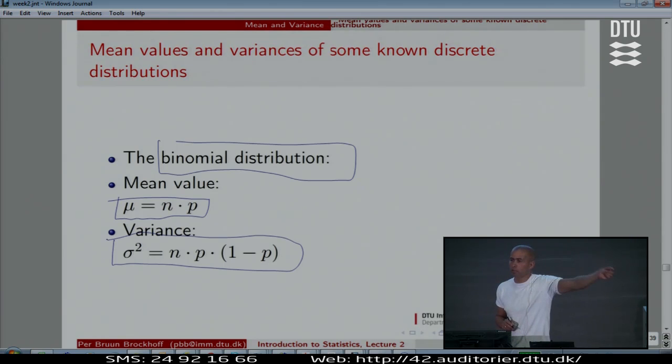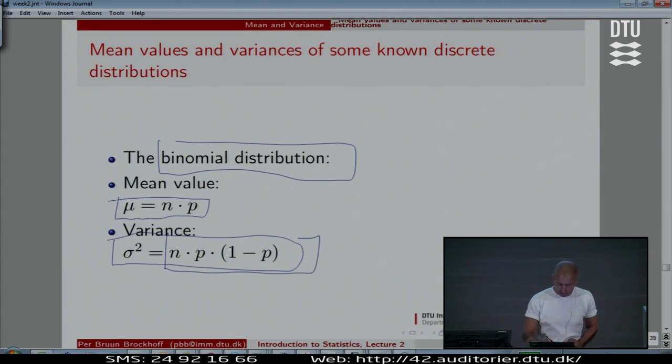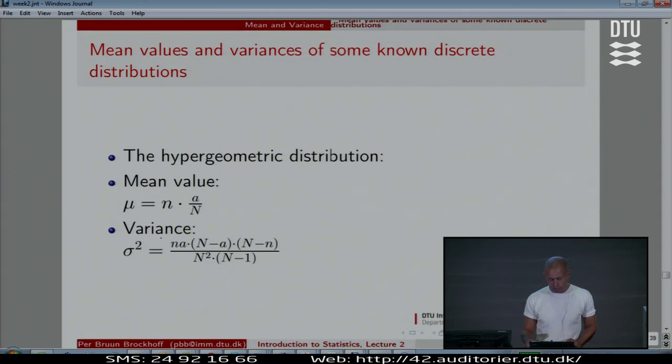Sometimes it'll be above, sometimes it'll be below, of course. That's the natural variability. We would not be surprised by that. But maybe we wouldn't know how large this variability would be. Well, here's the formula. Binomial variance formula: np(1 minus p). So these can be found, and we're going to use that a little bit throughout.